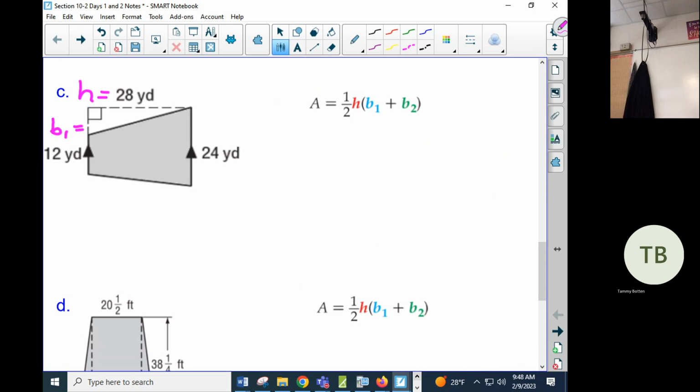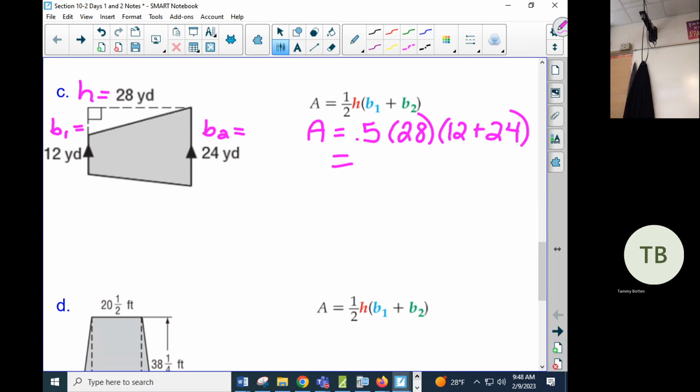So B1 is this, B2 is this, and then I would just plug that in. So I could go 0.5 for the half, height is 28, and add the two bases, which is 12 plus 24. So I would like you guys to write out this line and then the answer, okay?